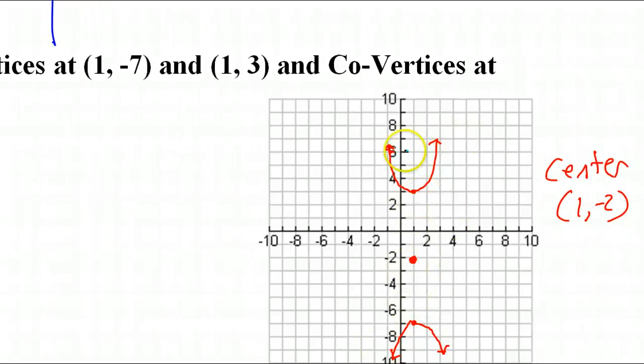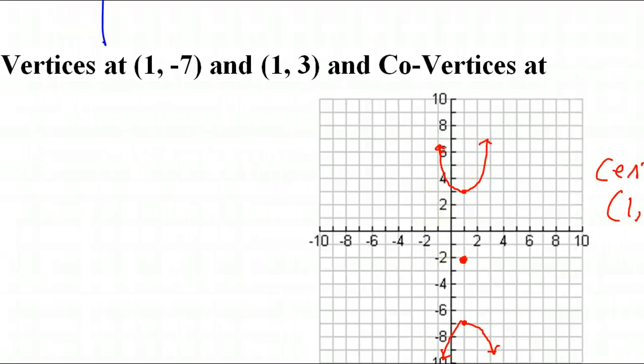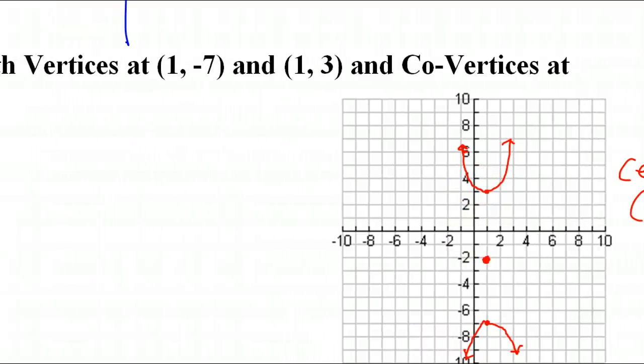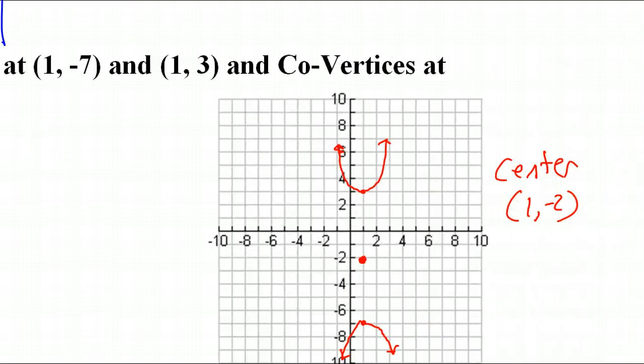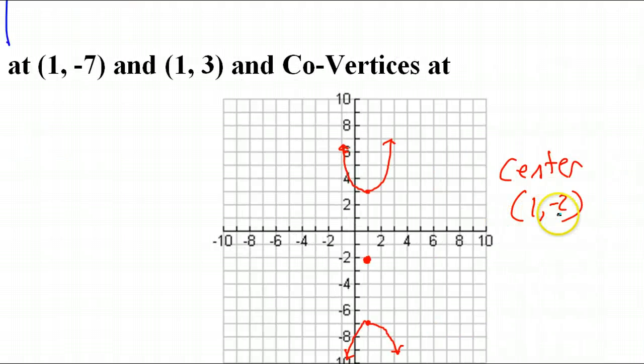Because it's an up and down hyperbola, going in the y direction, if you will, that tells me that the y term is going to be first. So I'm going to start off with a y. Also, because I have the center, I can know what will be with the y.